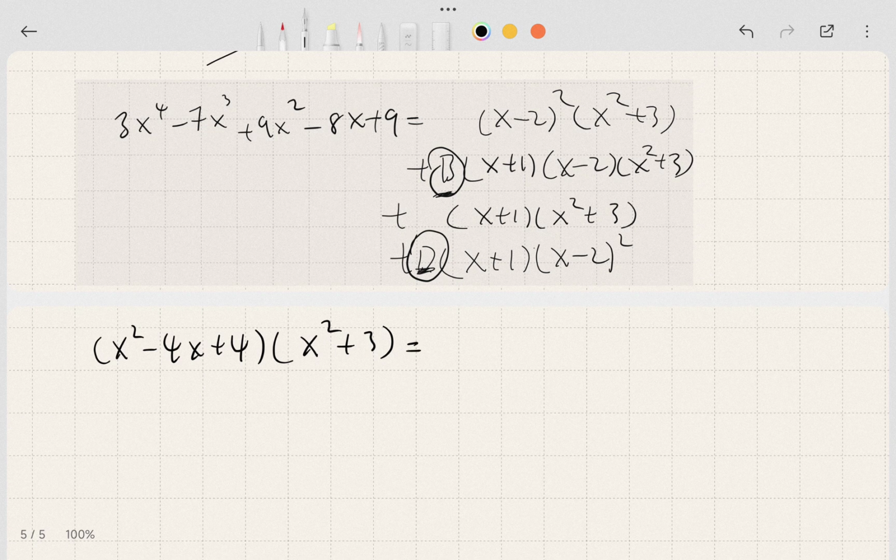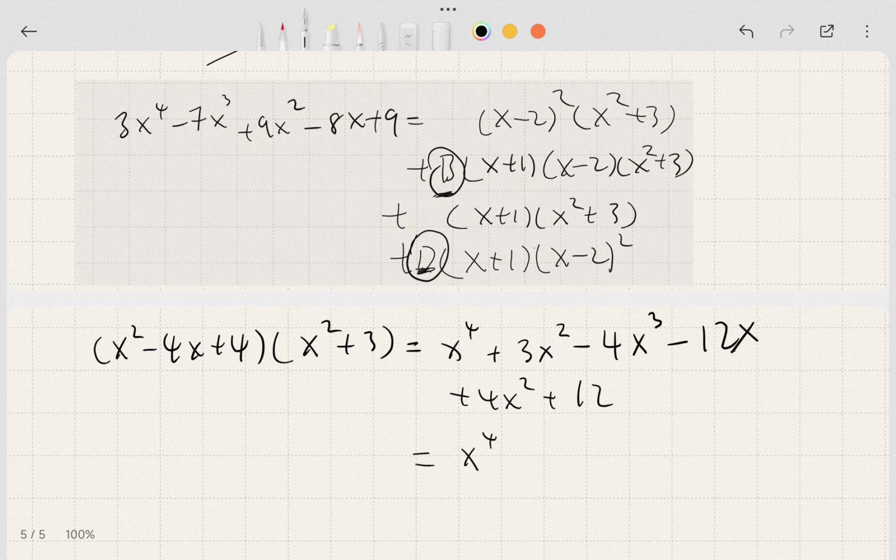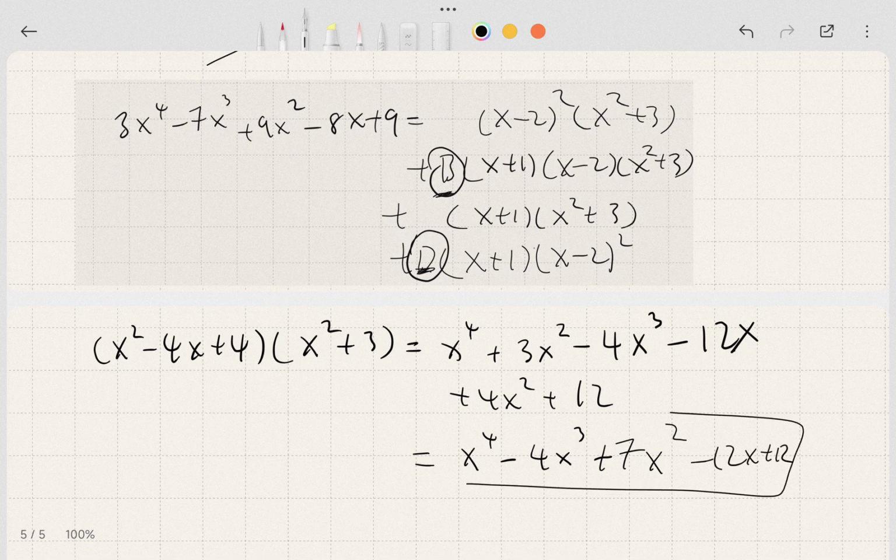This expands out to be x to the power 4 plus 3x squared minus 4x cubed minus 12x plus 4x cubed plus 12, and this simplifies down to x to the power 4 minus 4x cubed minus 5, no, plus 7, that would be plus x squared minus 12x plus 12. So this is what's expanded.